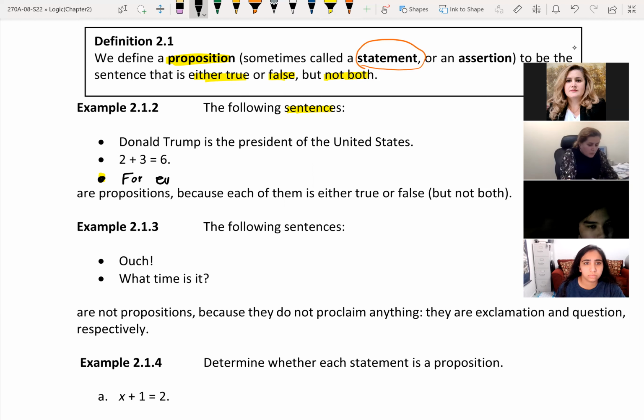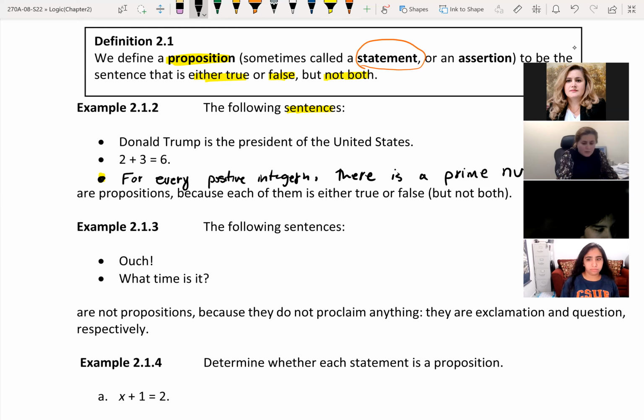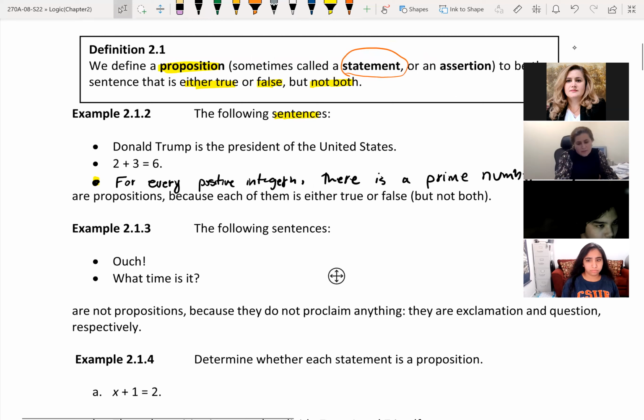For every positive integer n, there is a prime number larger than n.